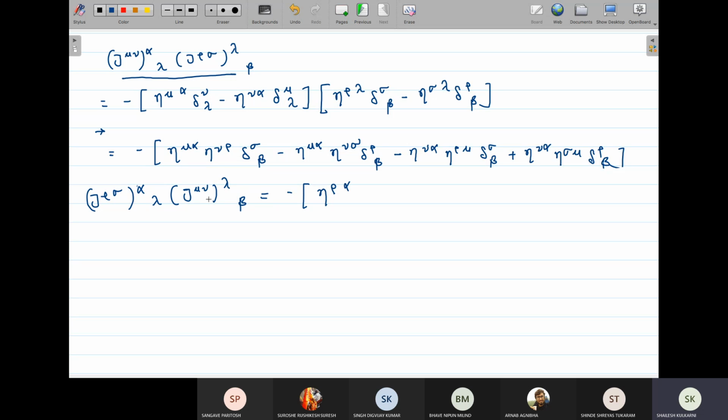So that term I am writing. So j rho sigma alpha lambda j mu nu lambda beta will be eta rho alpha eta sigma mu delta nu beta minus eta rho alpha eta sigma nu delta mu beta minus eta sigma alpha eta mu rho delta nu beta plus eta sigma alpha eta nu rho delta mu beta.